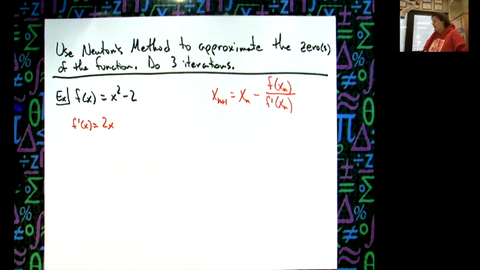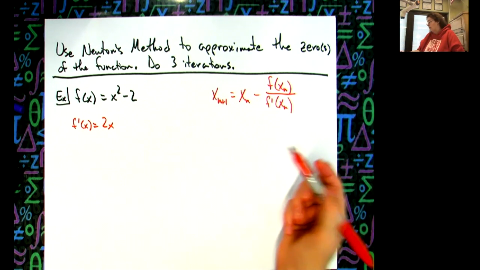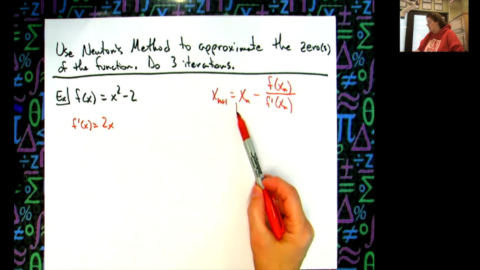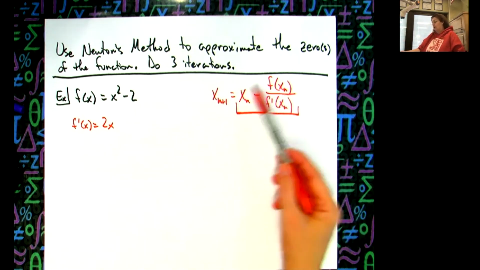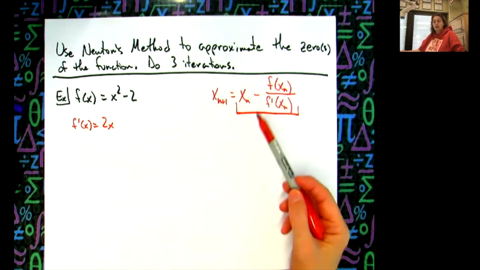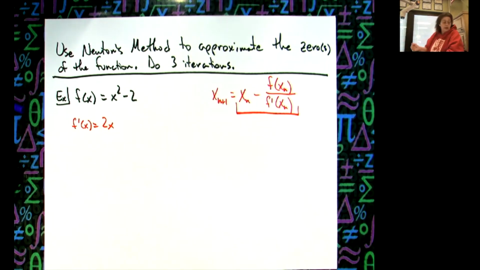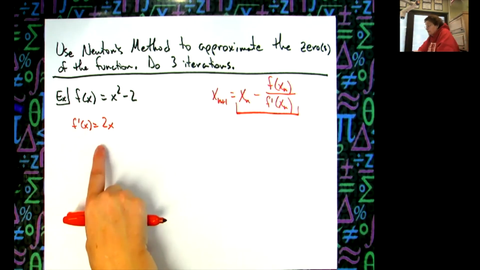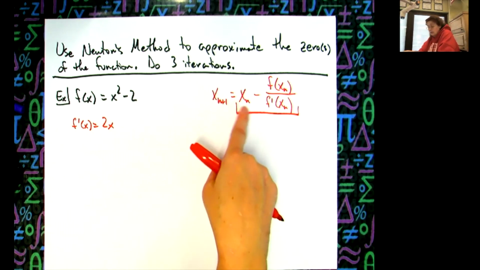Now I need to generate the formula that I'm going to put in the graphing calculator. I'm going to put it in y1. I'm going to look at just this portion of that formula, because that's what I'm going to have the calculator do all of the work on, and then it's going to spit out the result in the XY table. For x of n, this is always going to be an x.